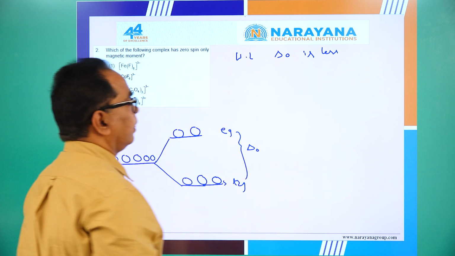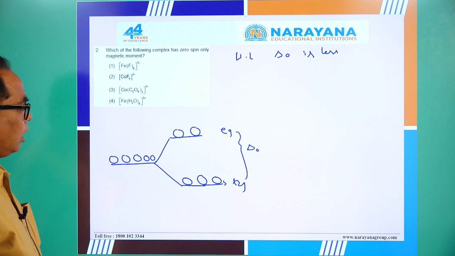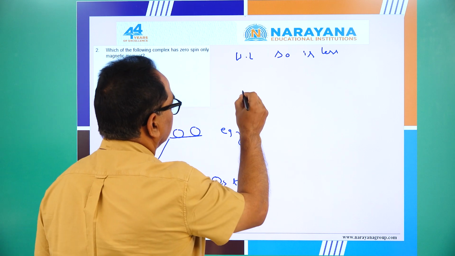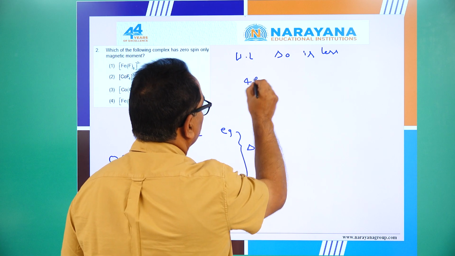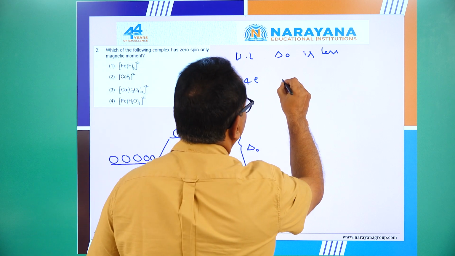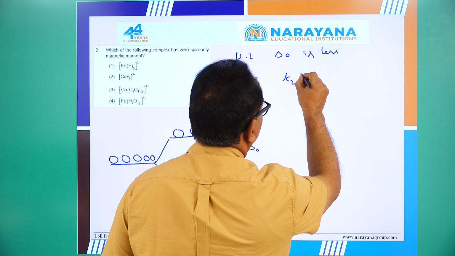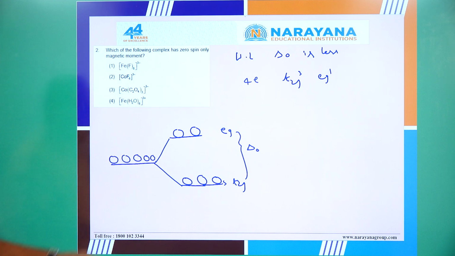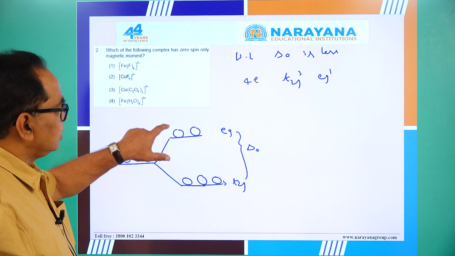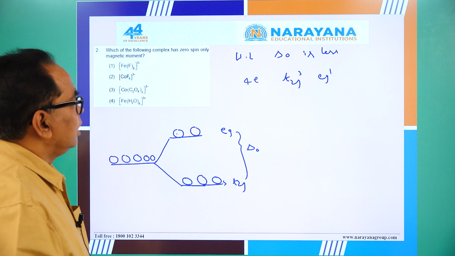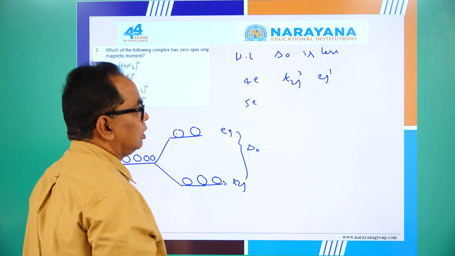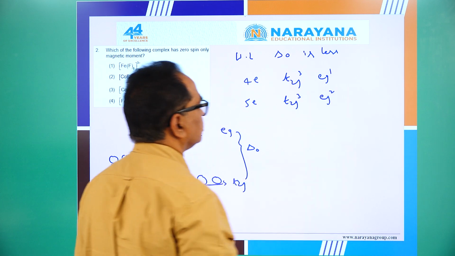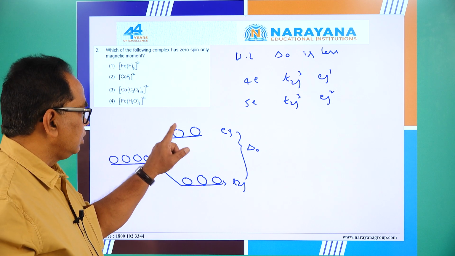For the fourth electron, the configuration will be t2g3 eg1, because as delta O is less, the fourth electron can easily jump into the eg orbital. The fifth electron will give t2g3 eg2.